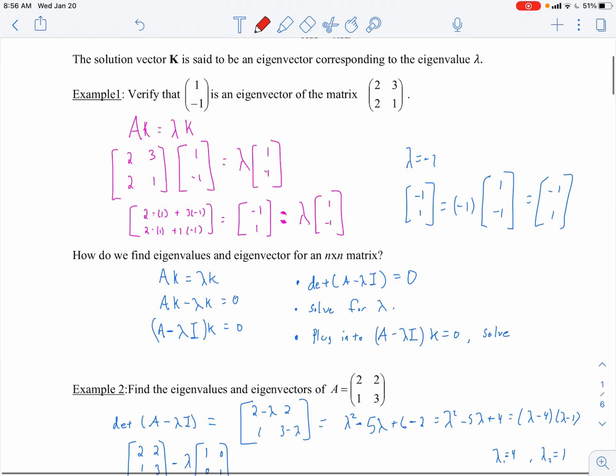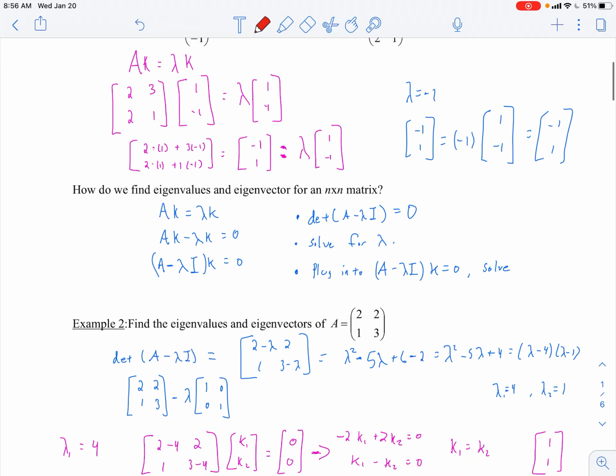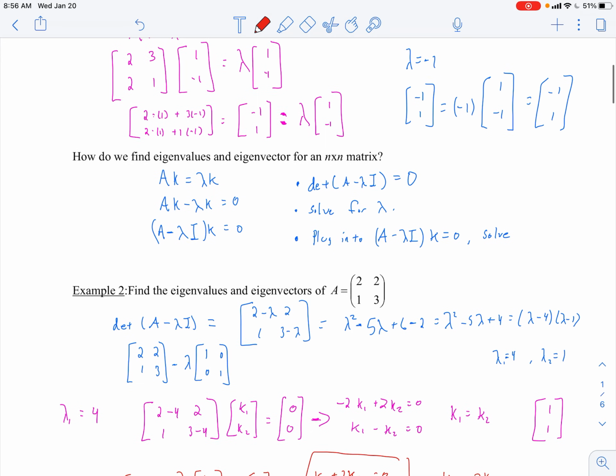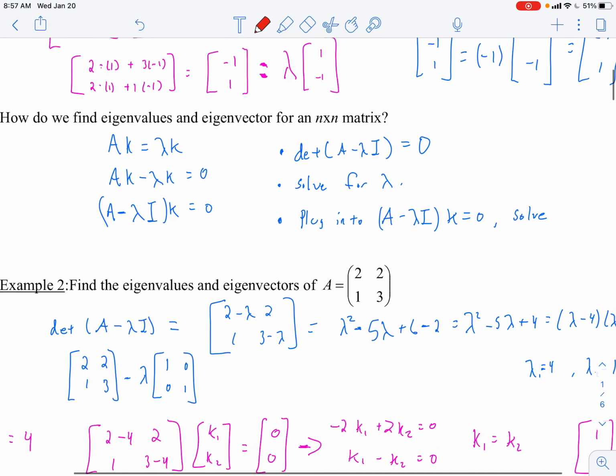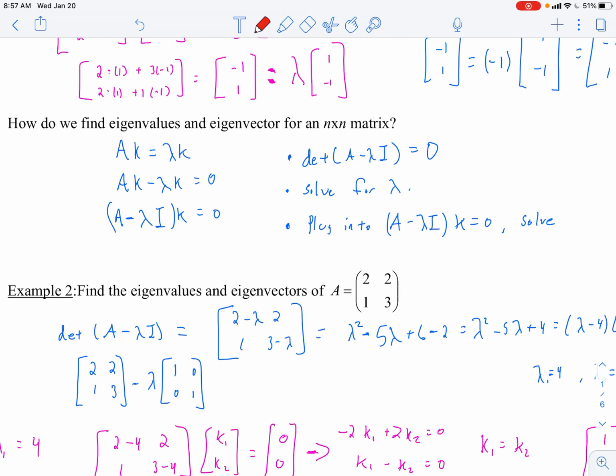Now, if you have taken, and some of you have already taken, linear algebra, then you can use the methods that you were taught in that class to find solutions to a system of equations. You actually might have learned that in math analysis way back when you took that. But that's finding row reduced echelon form and using your graphing calculator to find those solutions.